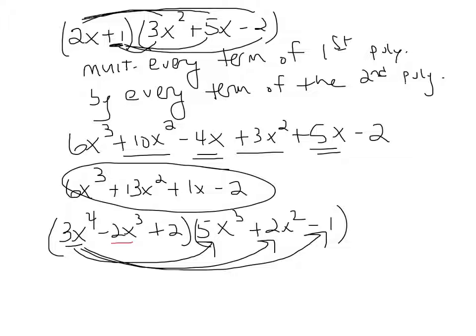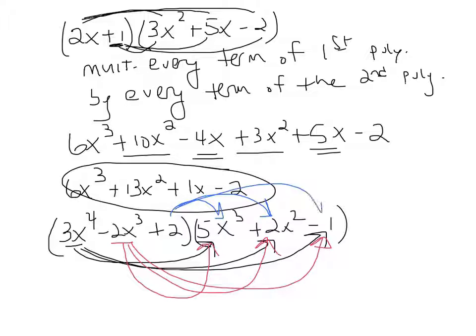The next term would then get multiplied by all three of those terms. And then the third term you would multiply by all three terms in the second polynomial. So you would have a total of 9 multiplications in a problem like that.